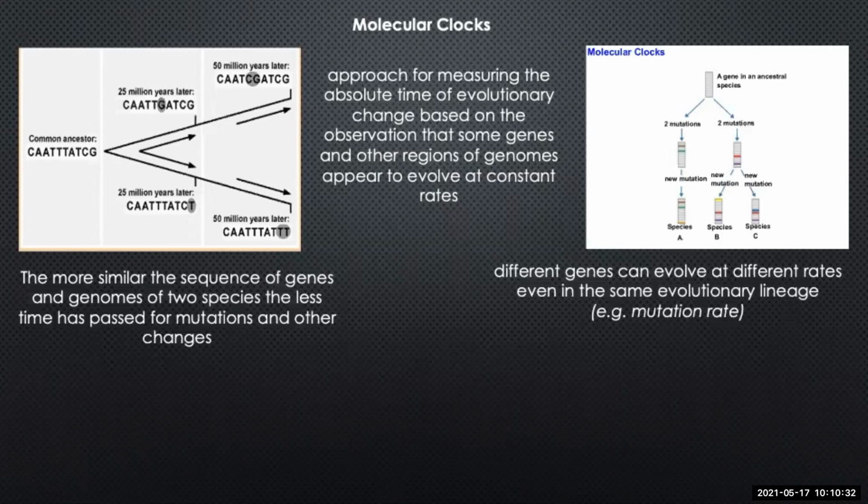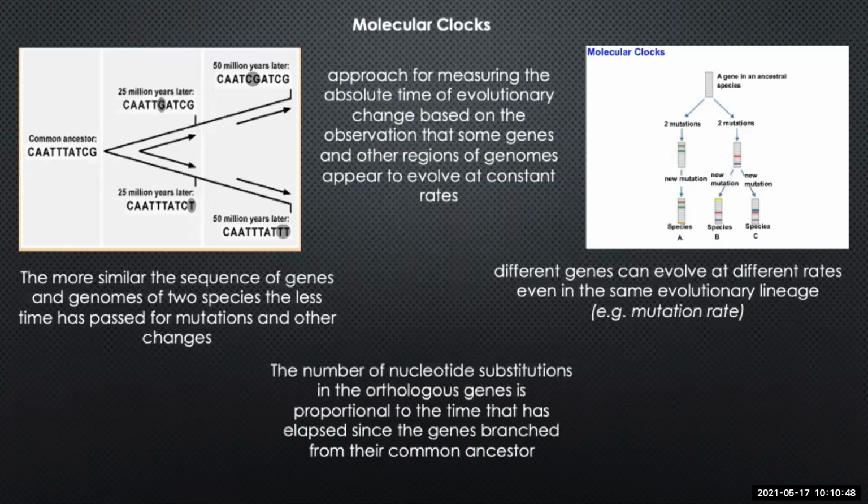And so genes will evolve at different rates, even in the same organism. So, the gene that is coding for the capture glue might be very different in its evolutionary process, say, from the silk that's being evolved in order to wrap up prey or things like that. And so the number of nucleotide substitutions in the orthologous gene is proportional to the time that has passed since the genes branched, right?